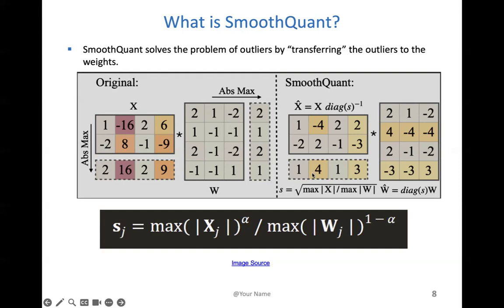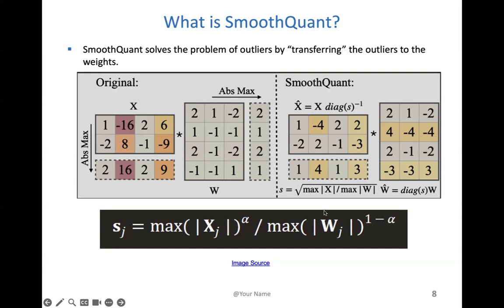Then we divide the absolute value max scale that we got from the activation by the weight, and then use the scale we got to multiply the whole weight matrix.